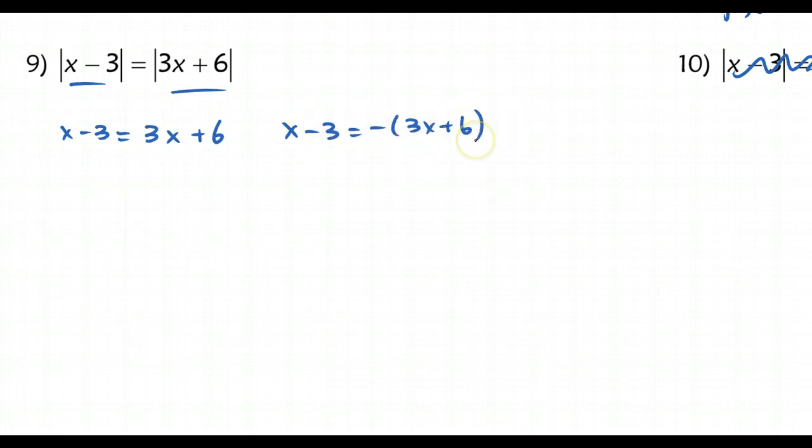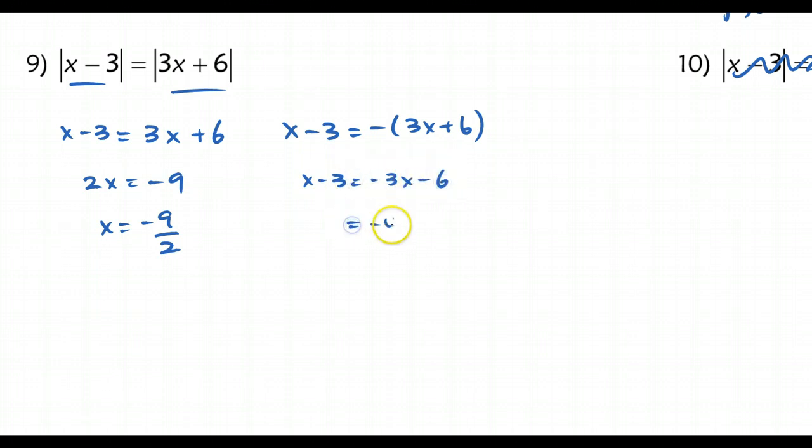So they're either equivalent or they're opposites, and in which case you're just going to solve these two basic linear equations. So solving for x, I get 2x equaling -9, so x equals -9/2. Over here, once I distribute, I get -4x over 3, so x equals -3/4.